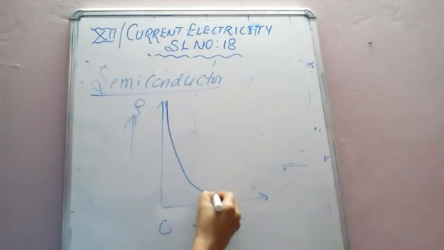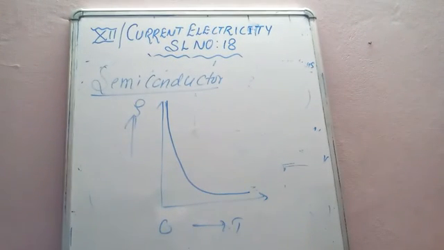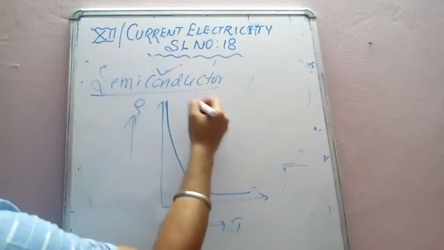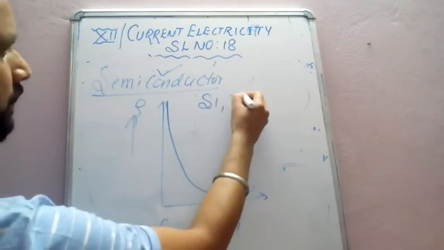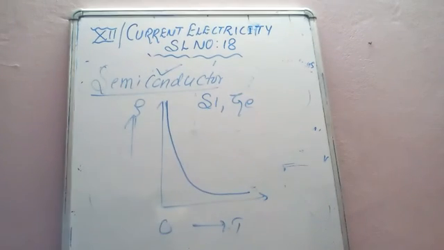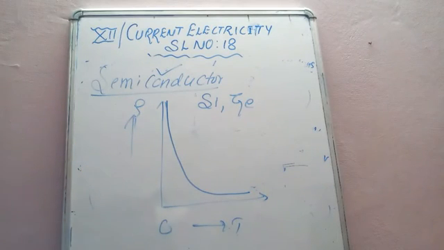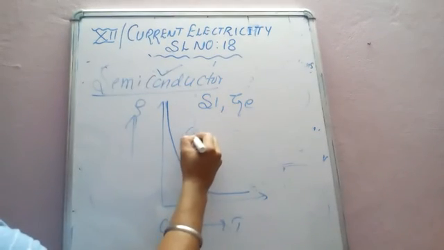What does this tell us? It tells us that with rise in temperature, the resistivity of semiconductor material like silicon, germanium starts decreasing.